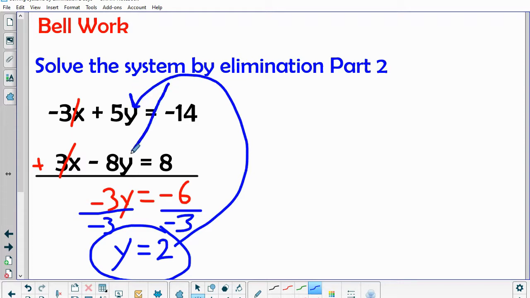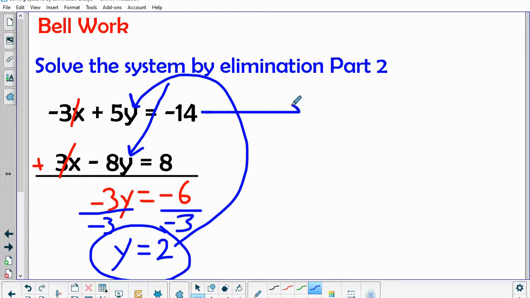It doesn't matter which one you plug it into, but you can do that to find x. When I look at these two equations, I try to pick one where it looks like it's going to work out as easy as I can possibly get it to work out. So I guess I'm going to pick the top one because I'm going to multiply 5 by 2 instead of negative 8 by 2. So we'll see how that works out.